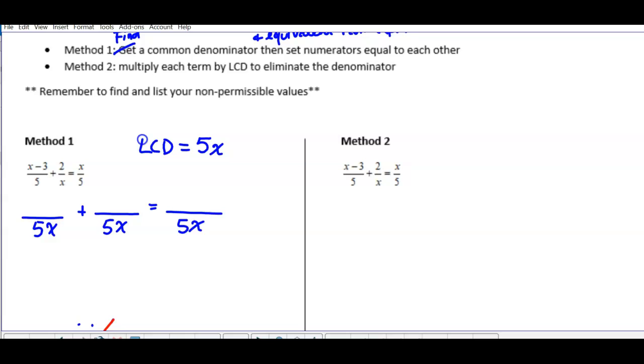Okay, so 5x means here we have to multiply top and bottom by x, the first one. And then the next one by 5. And the last one by x.